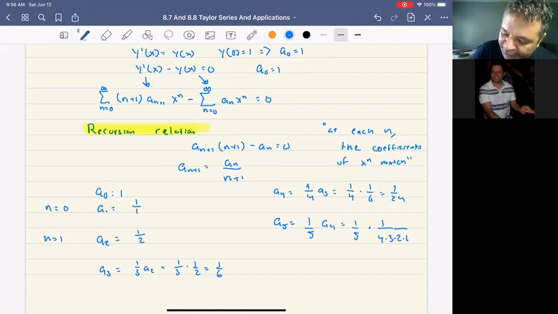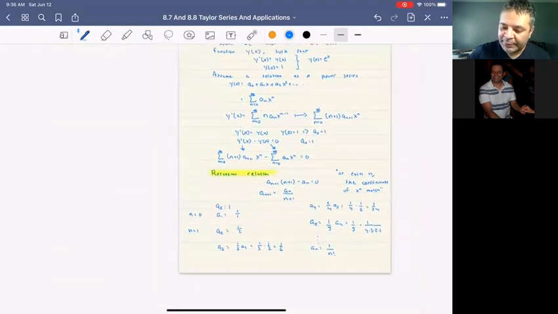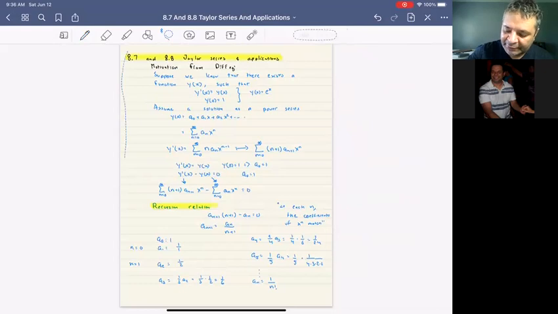Okay, so we repeat this pattern, and a sub n just becomes 1/n factorial. Okay, let me make a little more space so that we can get the punchline.